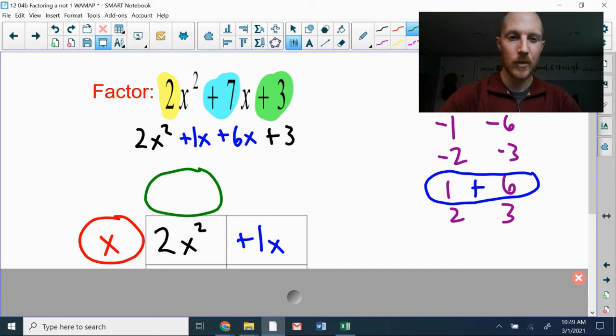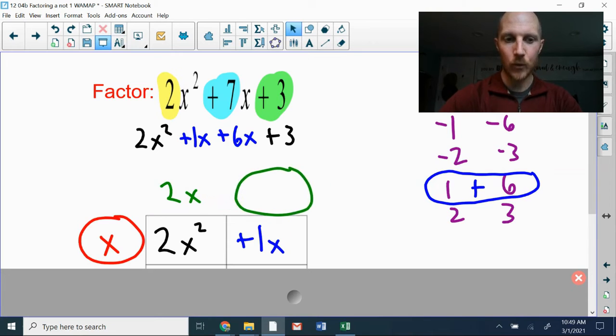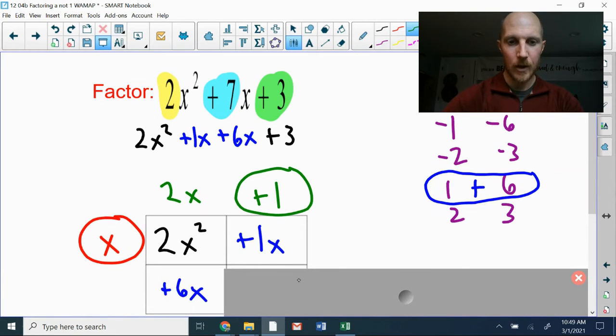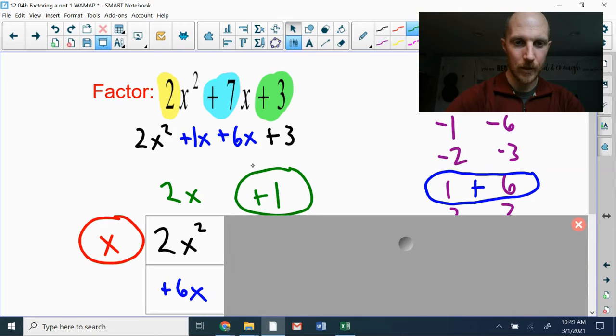Well, you'd need x multiplied by 2x. And then I'm going to move my mystery circle. Okay, that red x multiplied by what mystery number is going to give me that blue positive 1x as an answer? X multiplied by positive 1 is going to give me the positive 1x. All right. Let's move that mystery circle back over here.